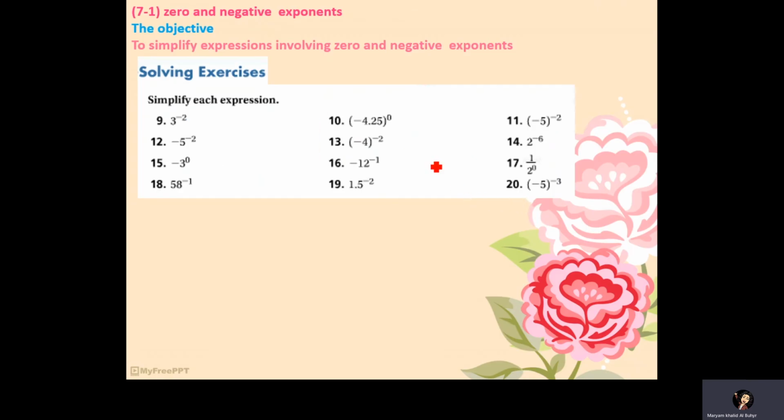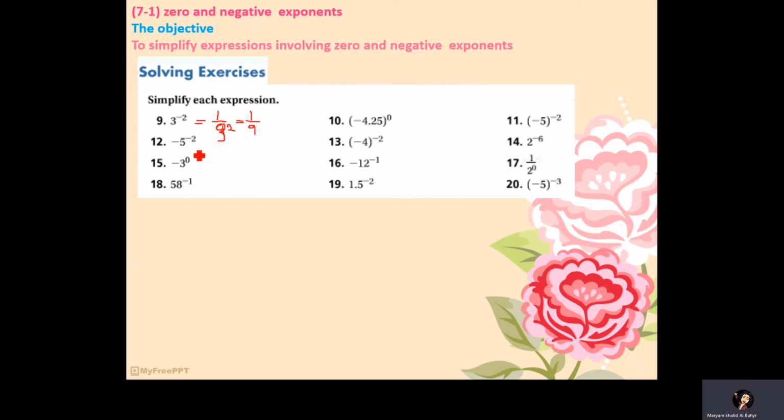I will give more exercises to make sure that you are all okay with the idea. So I'm going to solve some of them. That will be 1 over 9 to the power 2, 3 to the power 2, so 1 over 9.